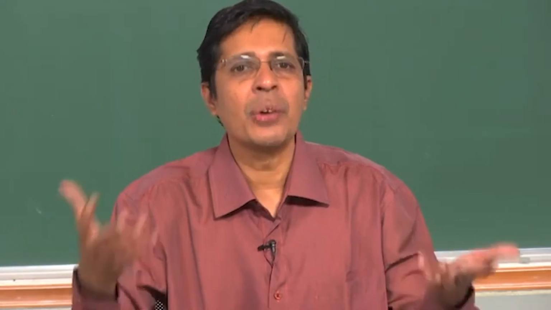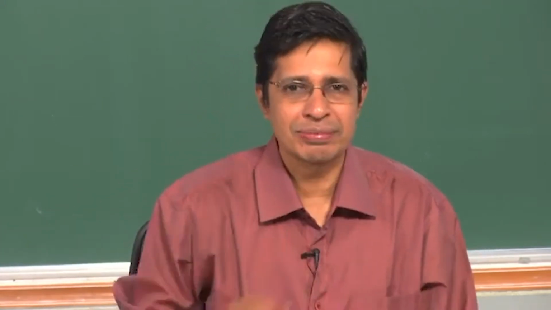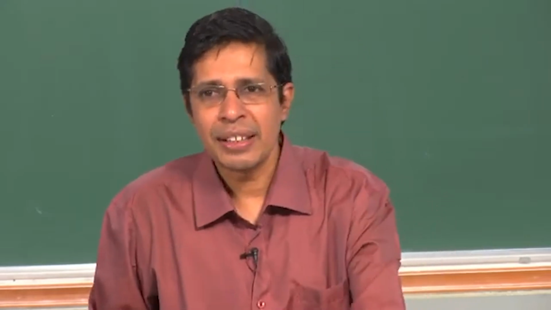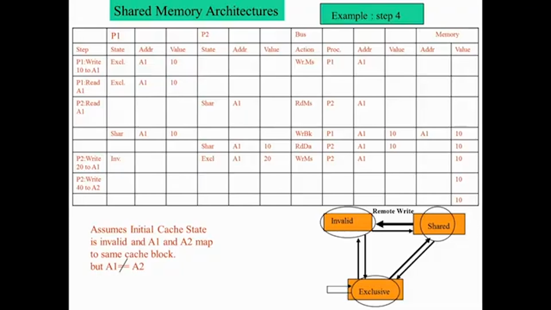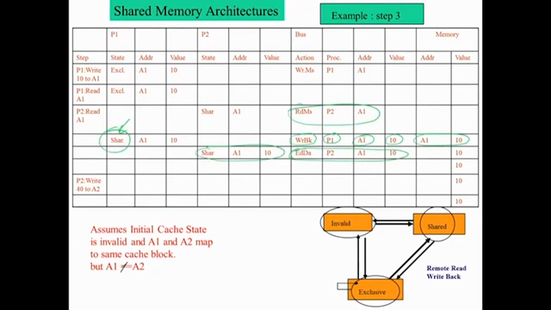This is how the cache coherency problem is solved. Is it okay? Now what happens? The next step, P2 writes 40 to A2.